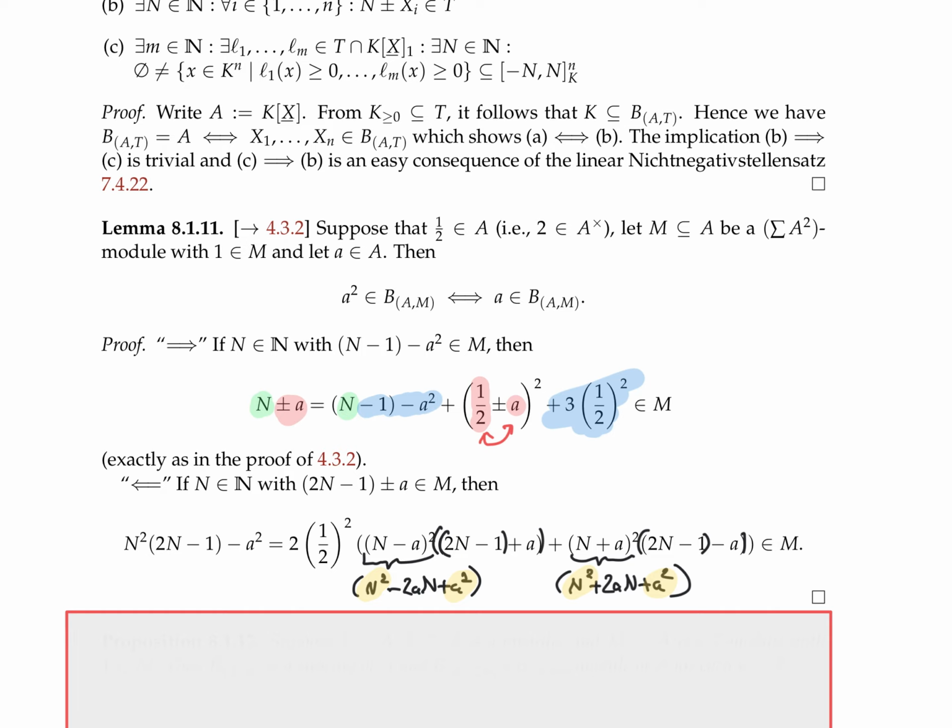I get twice n squared plus a squared times 2n minus 1. But here I multiply with 1/2, so I get actually n squared plus a squared times 2n minus 1.